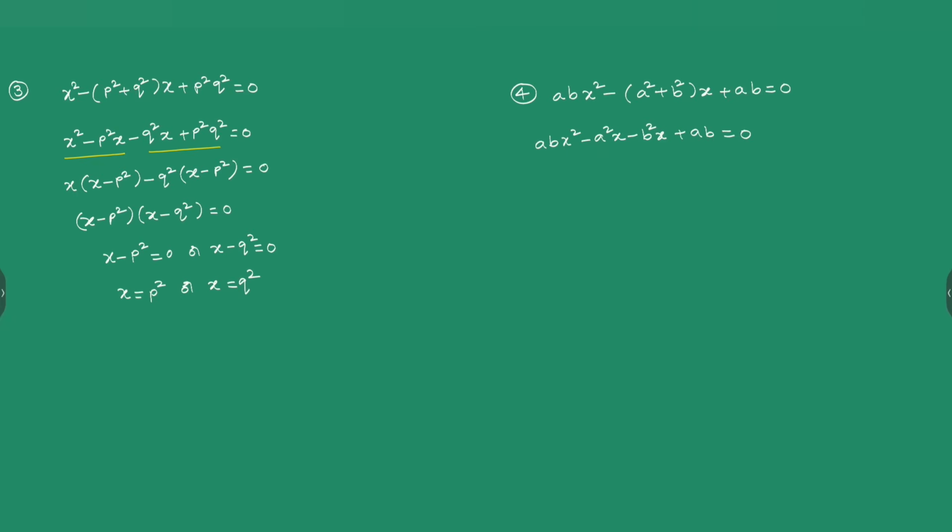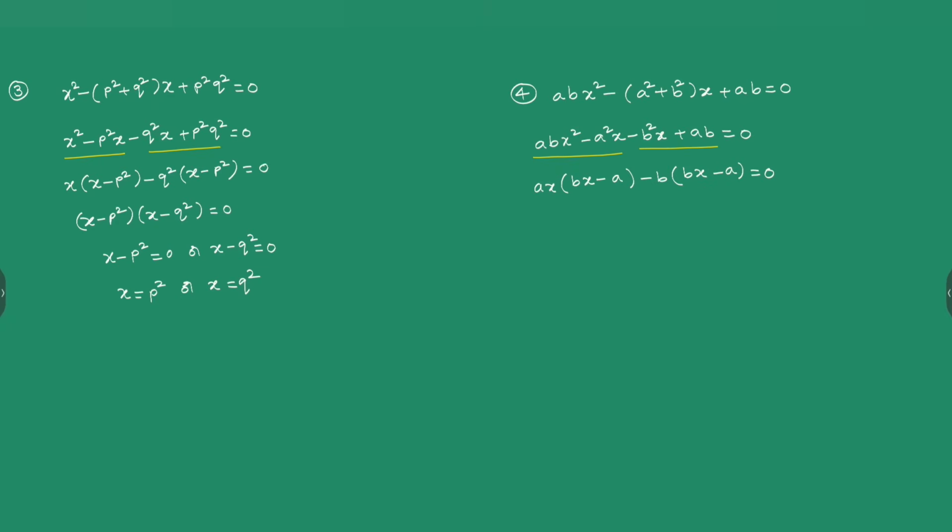Now in the first two terms we have ax common, in the next two terms we have only b common. So if you take a and x common in the first two terms, bx minus a will be left, and in the next two terms we have b common, so minus b we have to take common. So again bx, because minus we have taken common, minus a will be left inside.